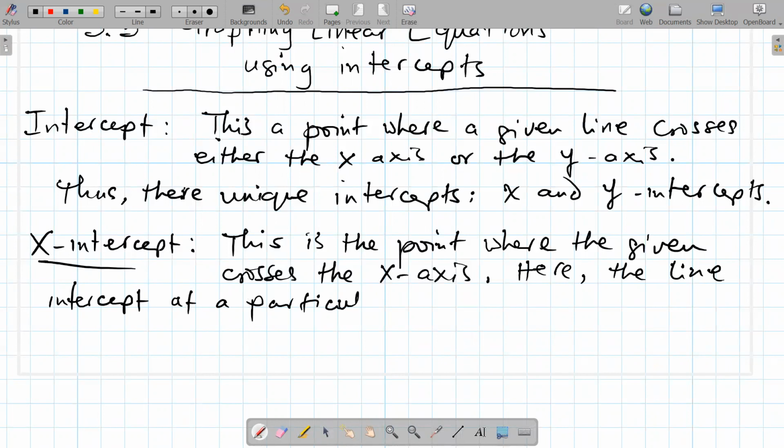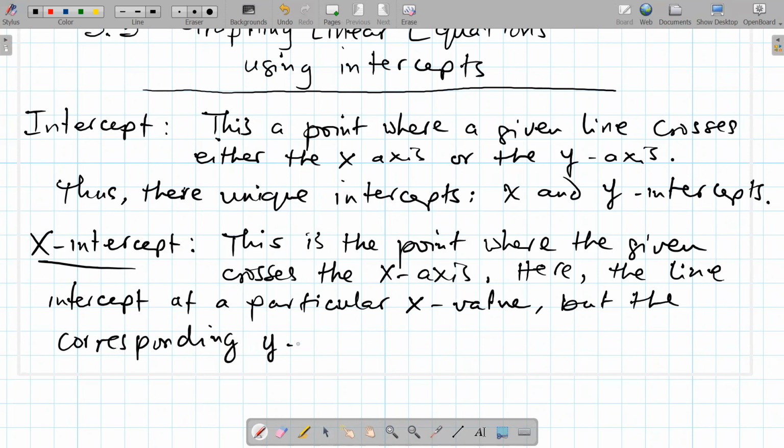Particular x value. But the corresponding y value is always 0.